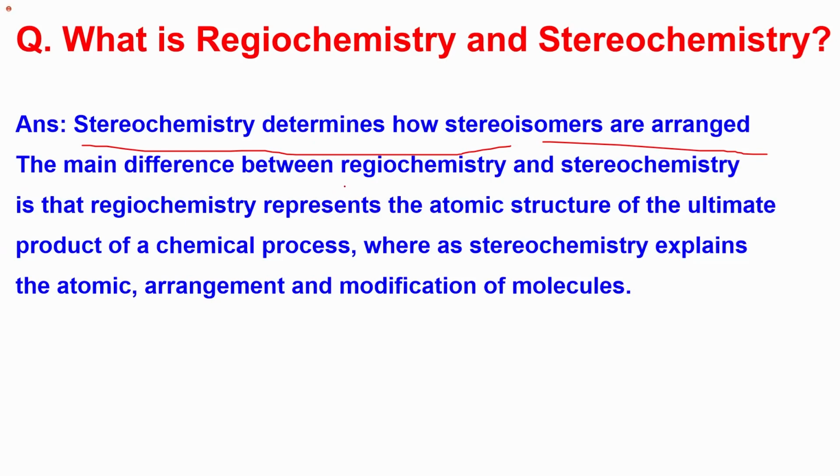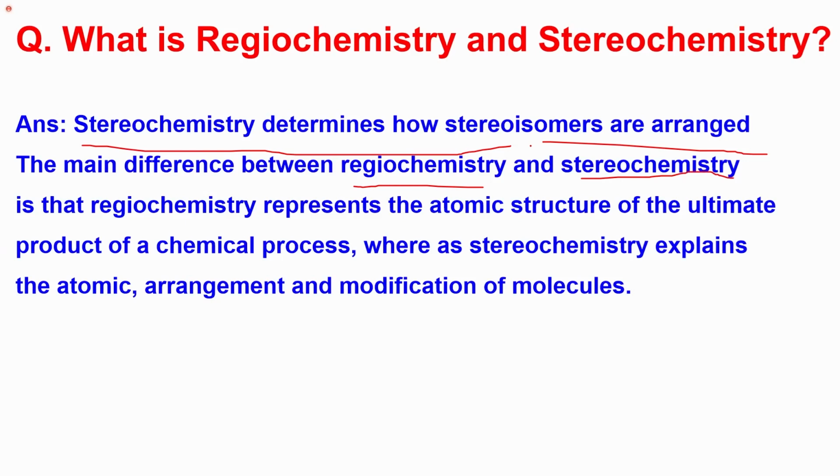As we all know, stereochemistry depends on the spatial arrangement of a molecule, of atoms or molecules or a group in space. This spatial arrangement of a molecule or atom is called stereochemistry, or how stereoisomers are arranged.